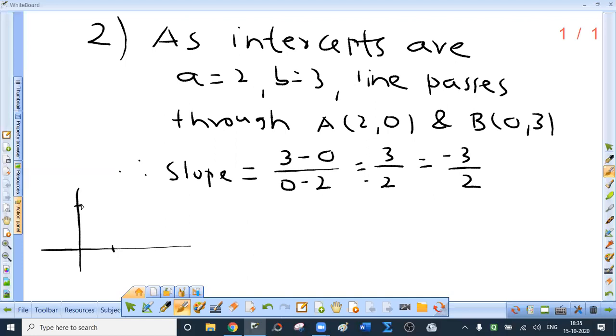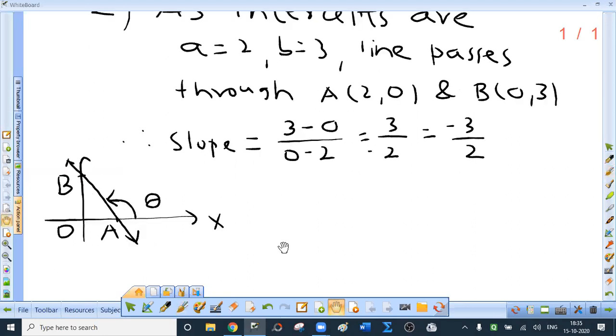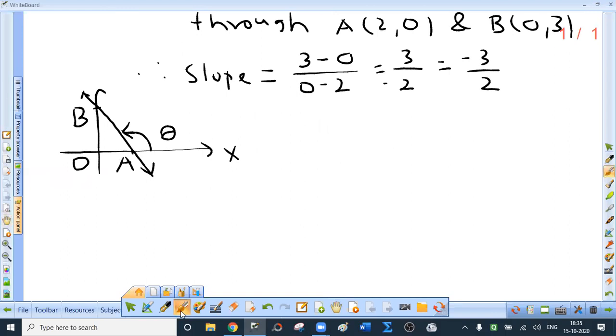This is the point 0, 3. In the exam, a diagram is not required, but this is for our understanding. Okay, so this is the second part.